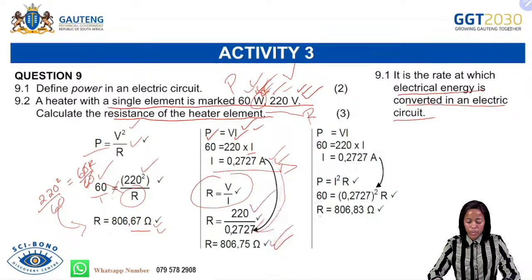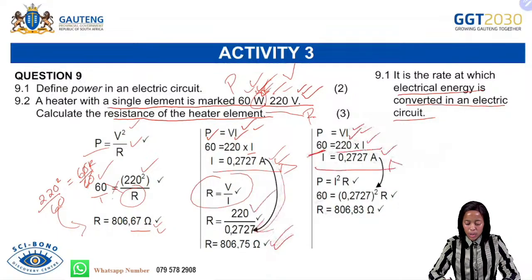With option number 3, you substitute the power, the voltage which is 220, and again you calculate the current.